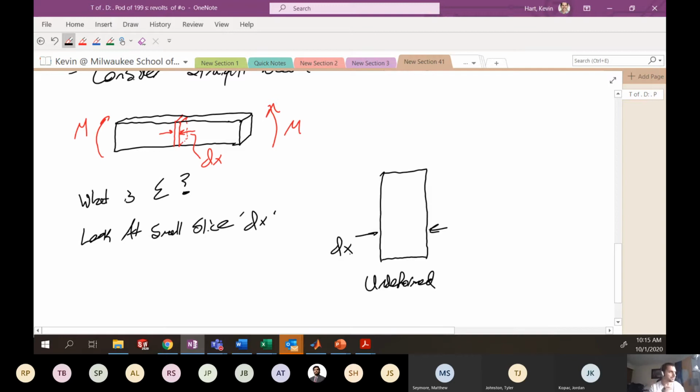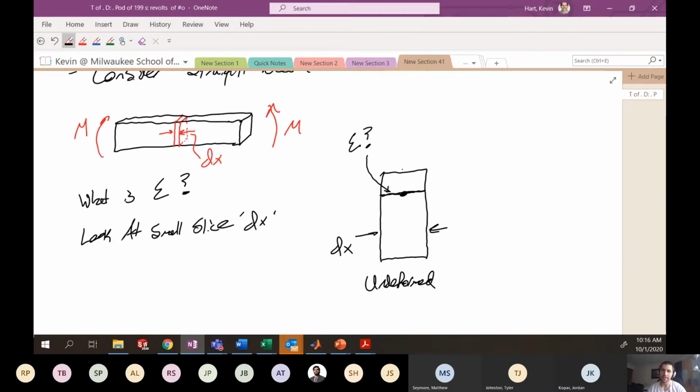Now let's say I'm interested in the strain in the x direction of any arbitrary point on this particular piece. So let's say I'm interested in strain at this location, this portion of the bar. What is the strain at that particular location? What I want to do is see how this portion of that rod deforms as I put a moment onto it.